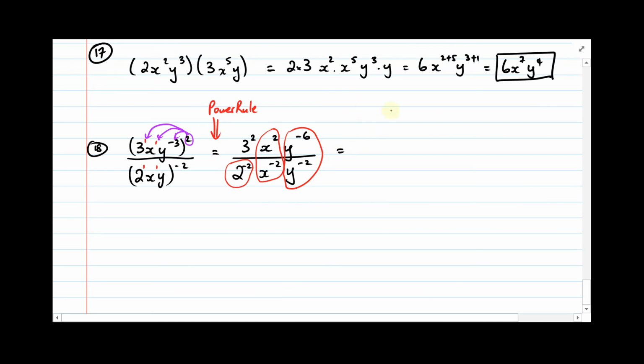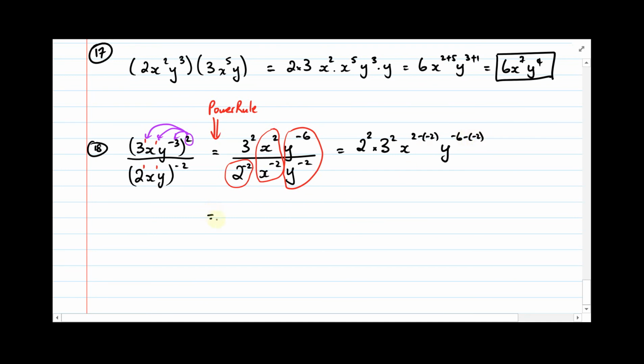So I'm going to write what we have here. By moving this 2 to the negative 2 from the denominator, it comes to the numerator as a positive power. 3 squared remained. The x's I will subtract. I'll also do the same with the y's, although I could have done it another way.